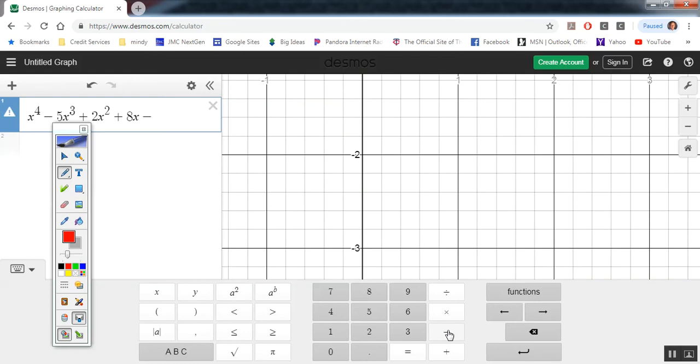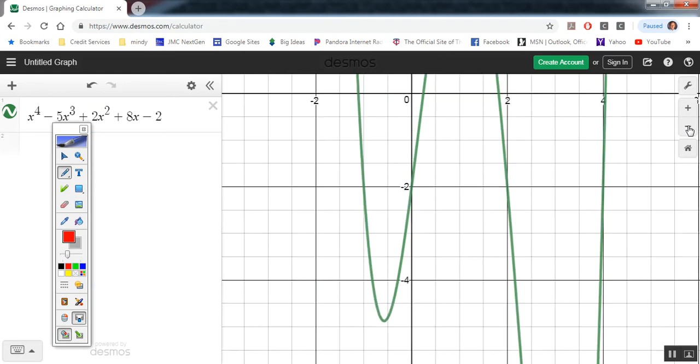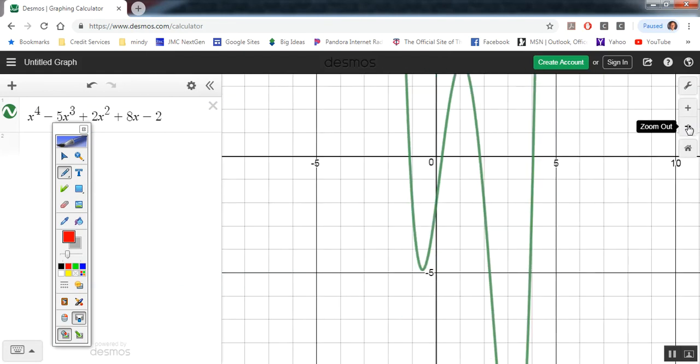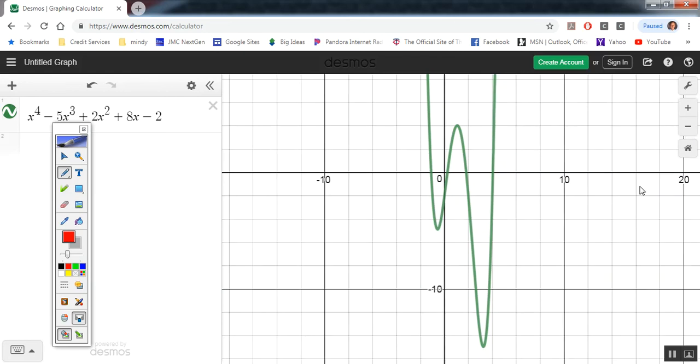What was the last value, Sterling? 2? Okay, so it looks to me, I might have to zoom a little more on this one. Okay, there's a pretty good picture of it.